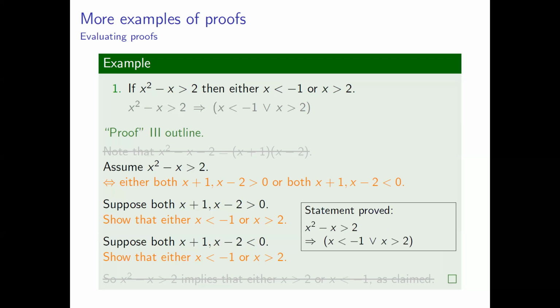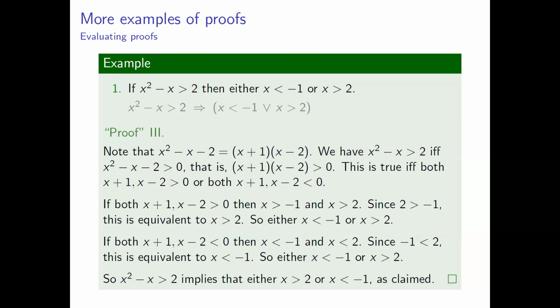So the statement proved is the conditional sentence: if x squared minus x is greater than 2, then either x is less than minus 1 or x is greater than 2. This is precisely the claim. Furthermore, since the details of each part of the argument are correct, the proof is correct.